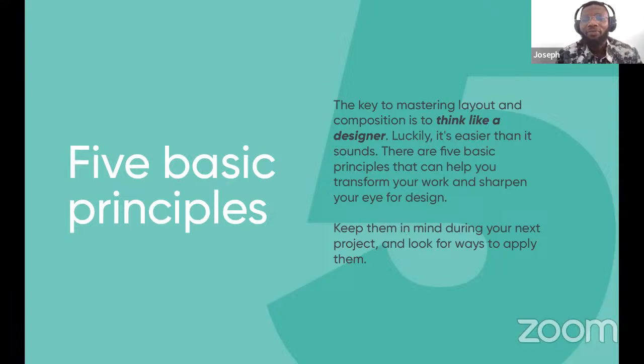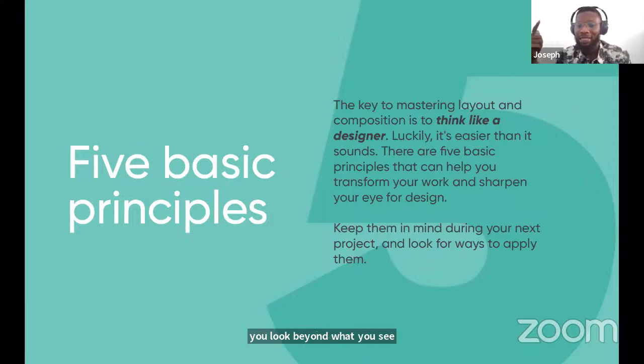Now, there are 5 basic principles for composition and layout. The key to mastering them is to think like a designer. Remember what I said earlier. As a designer, you look beyond what you see. So you have to think like a designer, right?